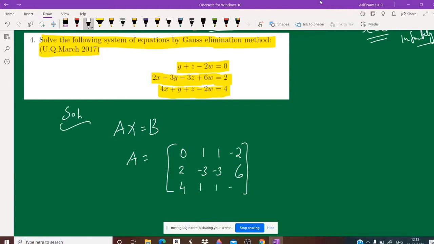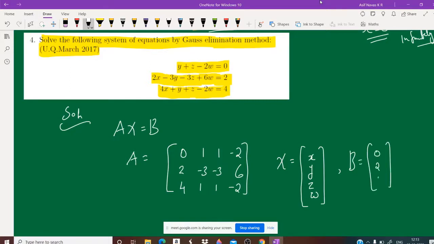And what are the unknowns? x, y, z, w. And next, what is our b? 0, 2, 4.